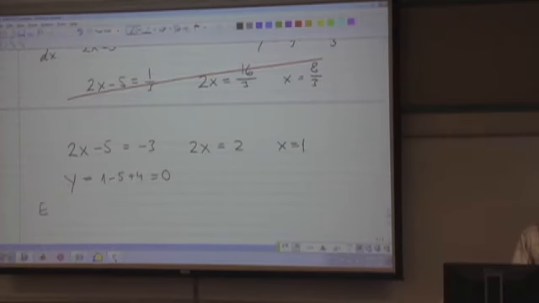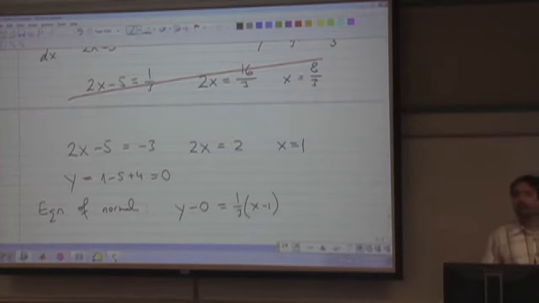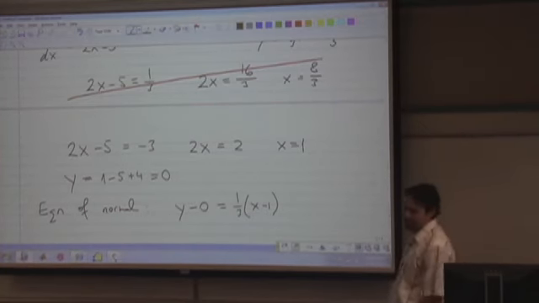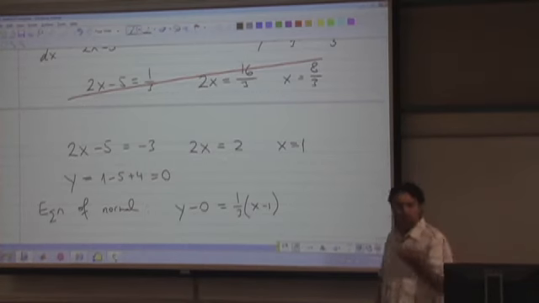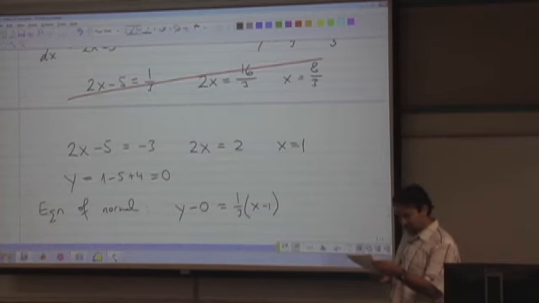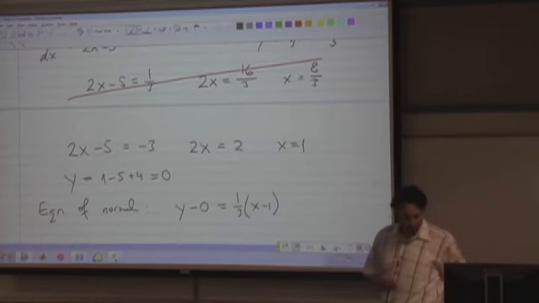So what is the equation of the normal line? y minus 0 is equal to 1/3 times x minus 1. Does this make sense? Did I get the same answer? Wonderful.